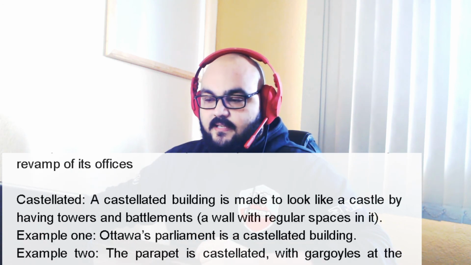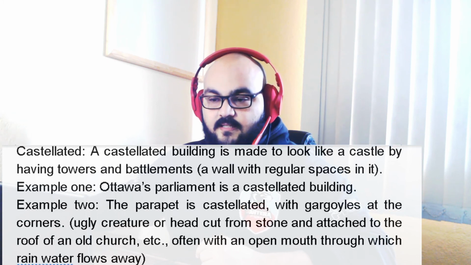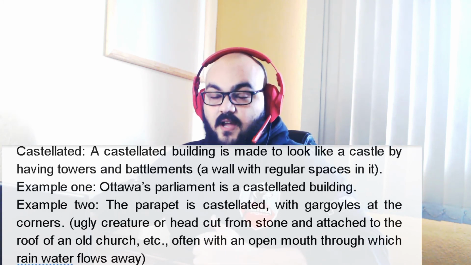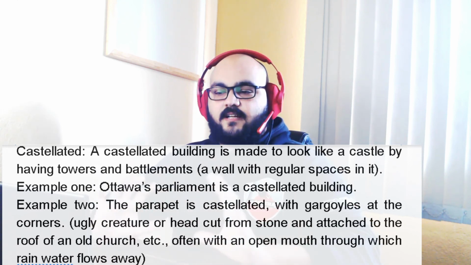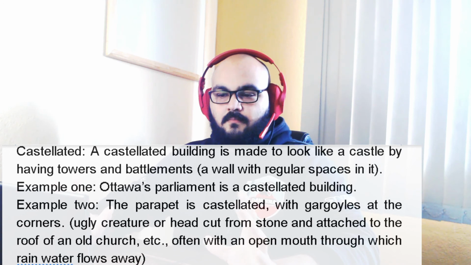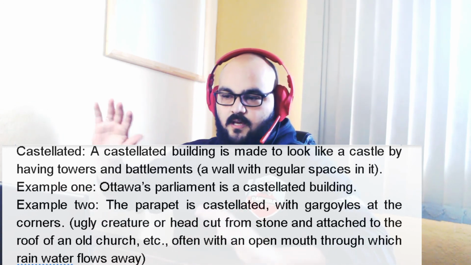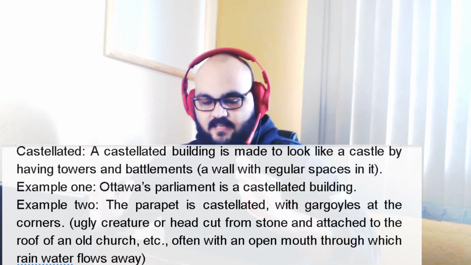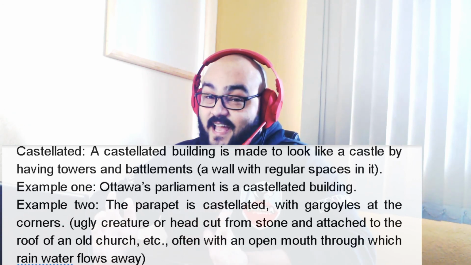Okay, the next advanced word is that one. Castellated. And this means a castellated building is made to look like a castle, right? By having towers and battlements. So battlements would be a wall, a large wall with regular spaces in it, right? We see this. Do you remember Game of Thrones again?